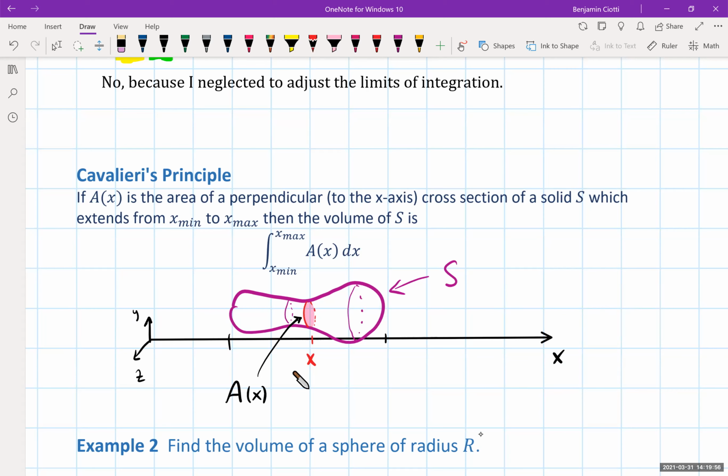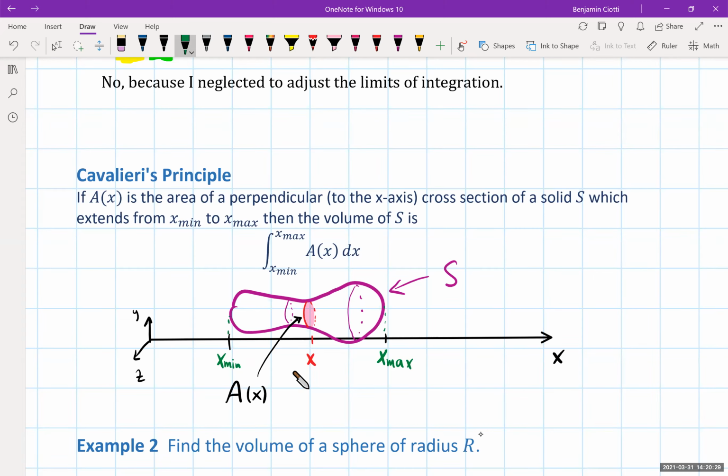In this setup, you can find the volume by integrating that cross section from where the shape starts up to where it ends. That is to say, from x min up to x max, those being the minimum and maximum x values that the shape subtends.